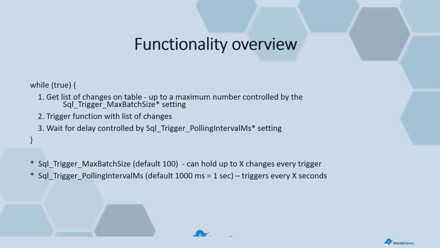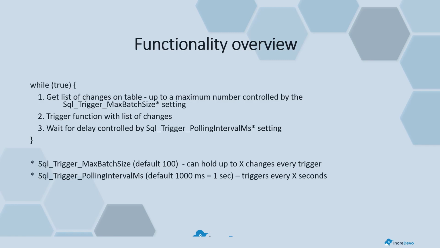So, how does it work? First of all, it is getting the list of changes on the table, while the change tracking is set to on in the SQL. We'll talk about it later in the demo.